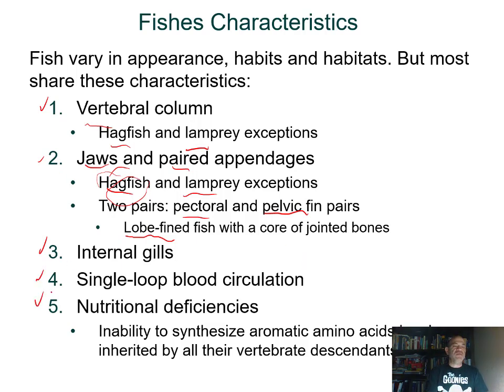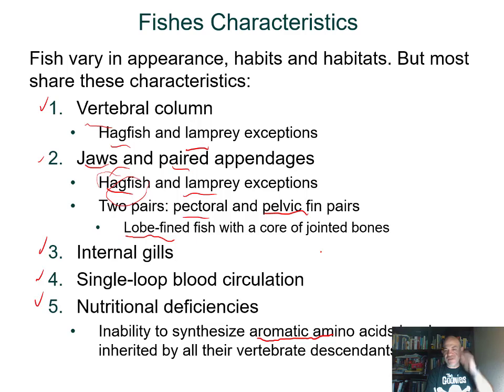And this is rather interesting: the evolutionary history traces back the deficiency we have for some amino acids. We have amino acids that make up our proteins that you need to get in your diet. If you don't, you're going to get sick because you won't be able to make proteins, because you'll be missing, I think it's 7 essential amino acids. But fish started it all, and they lost enzymes to produce the aromatic amino acids.